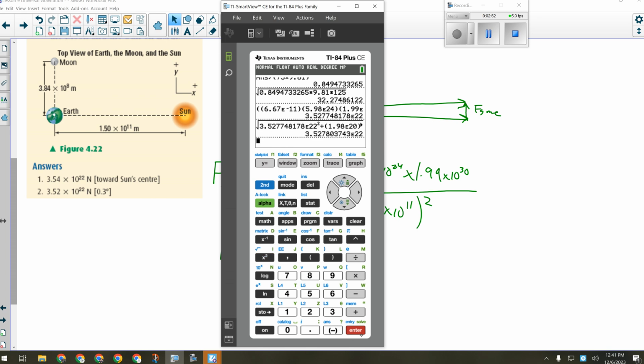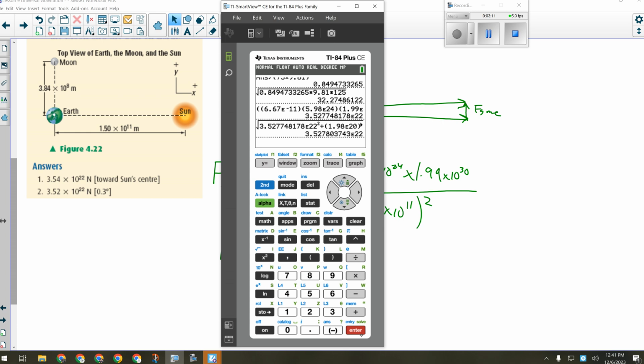There's my net force, 3.53. It barely changed, right? It changed this 8 from a 7. Does the moon make very much difference here? Virtually none at all. That's why the angle is going to end up being so small, a fraction of a degree. So there's my net force.